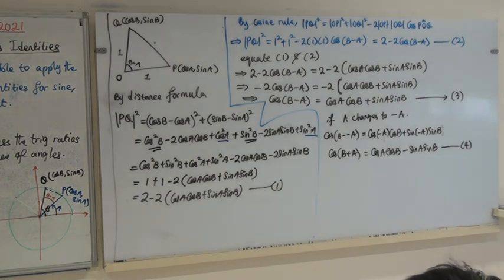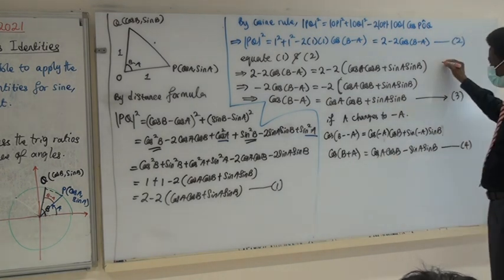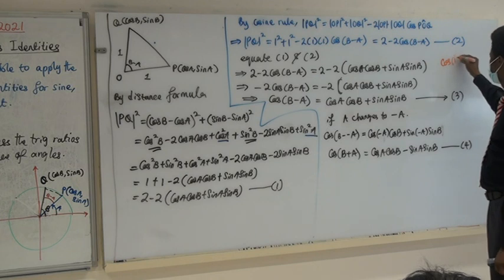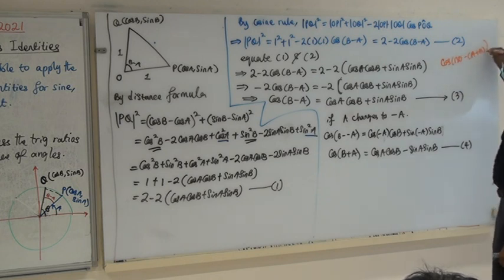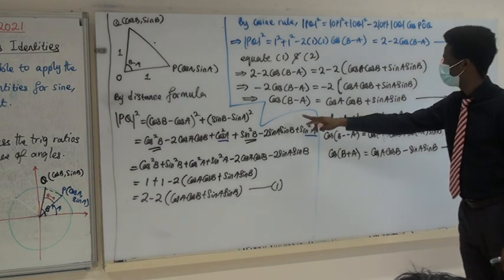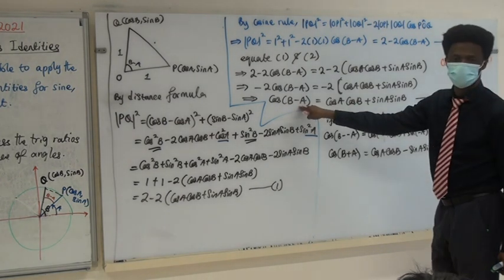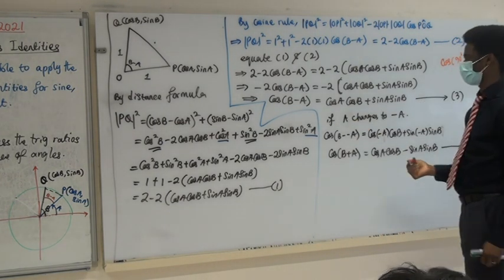So if I need to get sine of this, I could consider cos of 90 minus (a plus b). This is automatically sine of a plus b. Do you agree? Because I already know, basically my 90 is my b, and my a plus b is my a. And then I will get that of sine.